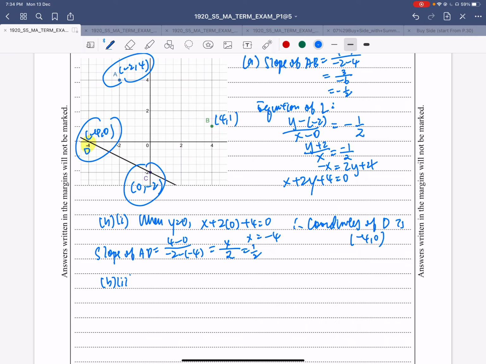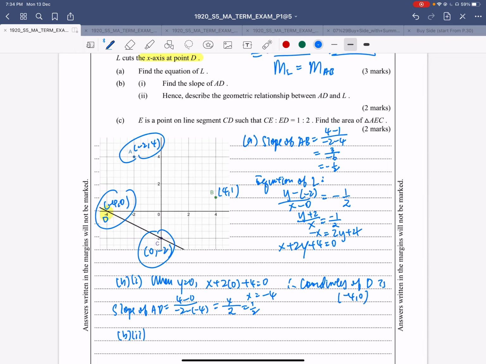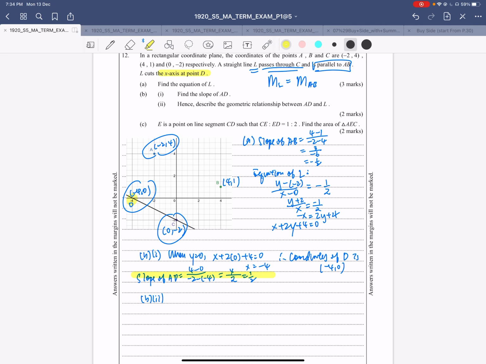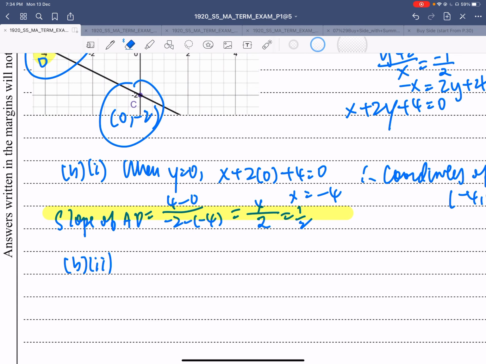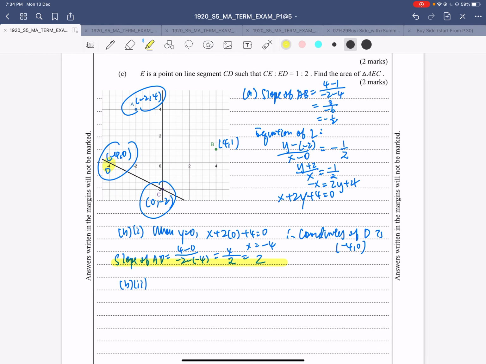For part B2, describe the geometric relationship between AD and L. You can see that the slope of AD is 2, and the slope of AB is -1 over 2.